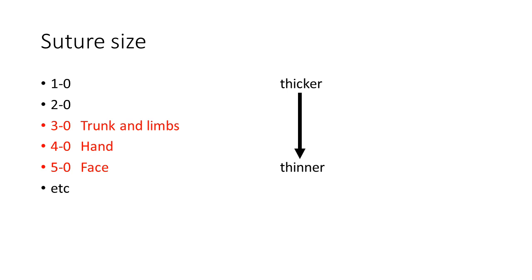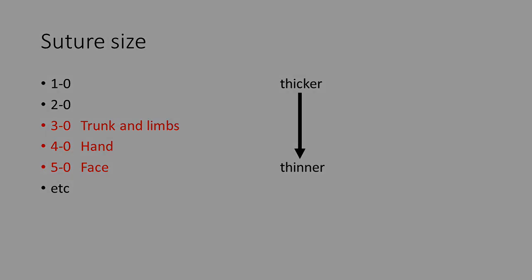In general, the sutures that you will be using would be 3-0 sutures, which are suitable for the trunk and limbs, 4-0 sutures, which are more suited to the hand or finer work, and finally 5-0 sutures, which are very fine and suitable for delicate work such as on the face.